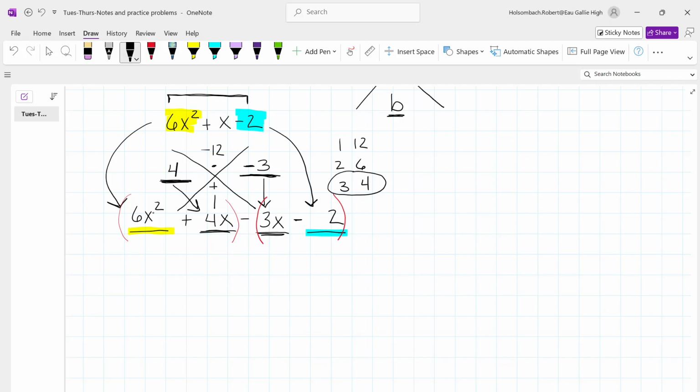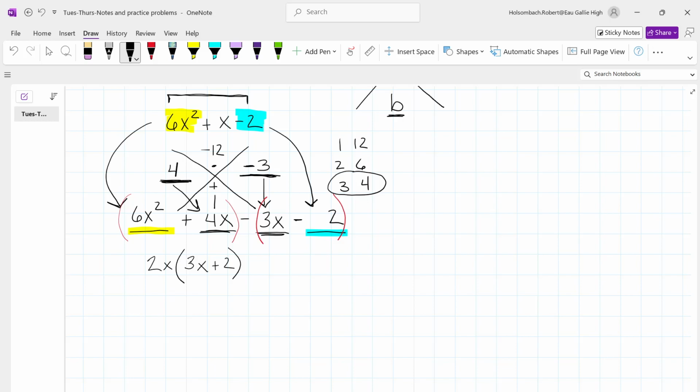So we're going to factor 6x squared plus 4x. We're going to take out the GCF. The GCF of 6x squared and 4x is 2x. And then we divide the 2x into the 6x squared, and we get 3x. And we divide the 2x into the 4x, and we get positive 2.